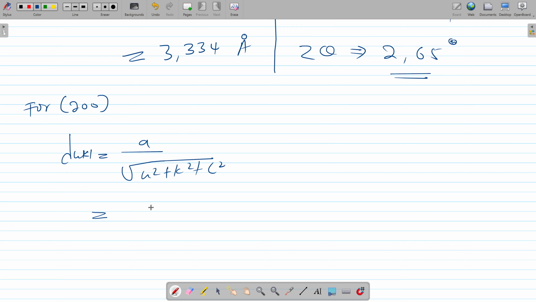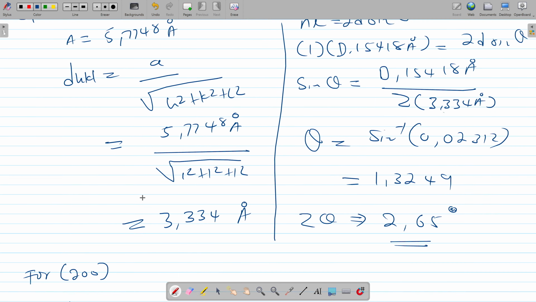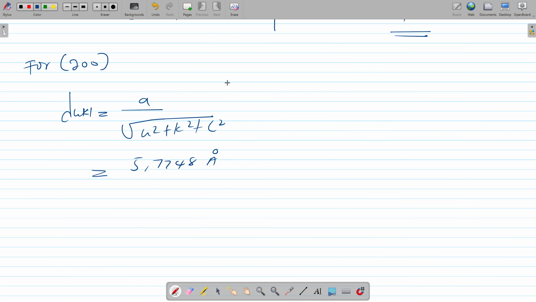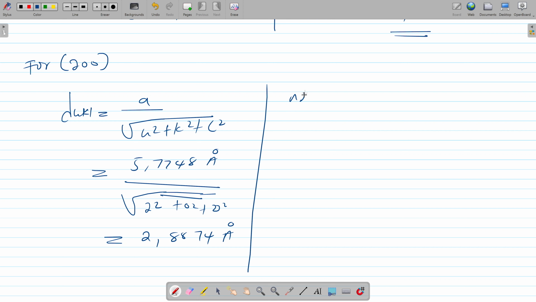And then we are going to say our a is given to us as this value here, 5.7748 angstrom, and we're going to divide that by the square root of 2 squared plus 0 squared plus 0 squared, and from that we're going to get the following: 5.7748 over the square root of 2 squared plus 0 squared plus 0 squared, and that will be equal to 2.8874 angstrom.